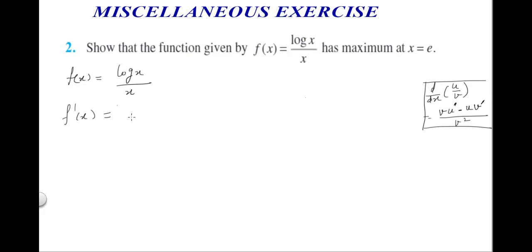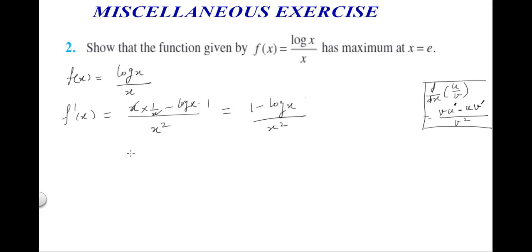So let us apply it here. x square will come in the denominator, then v, which is x as it is, times differentiation of log x, which is 1 upon x, minus log x as it is times differentiation of x, which is 1. So what we actually get is 1 minus log x upon x square.